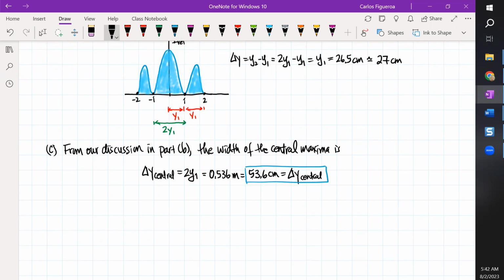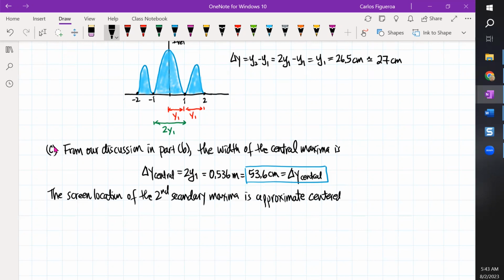Now, following the same game as before, the screen location of the secondary maxima is approximately centered between two minima.